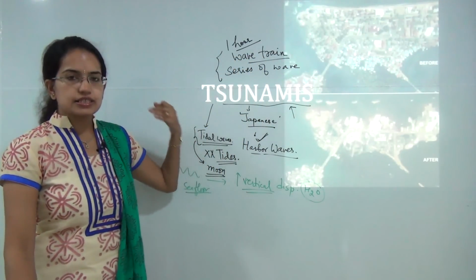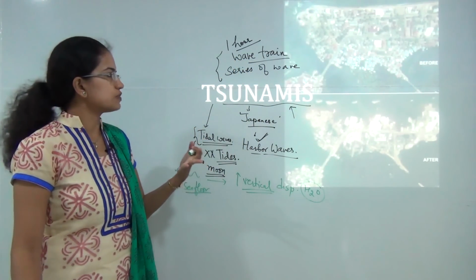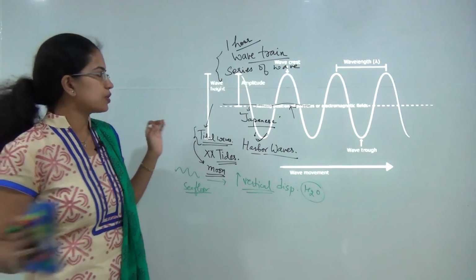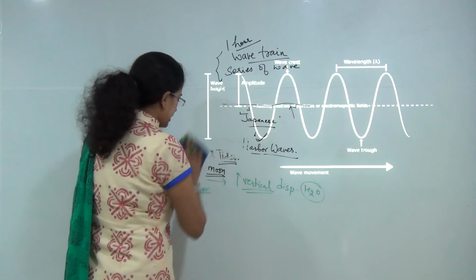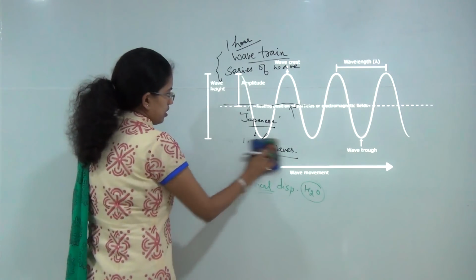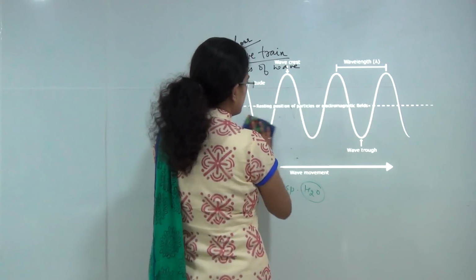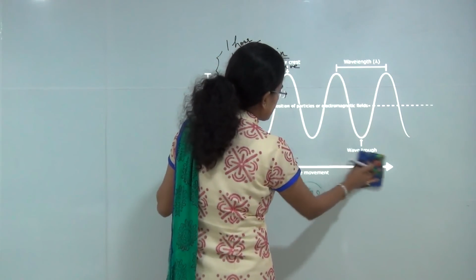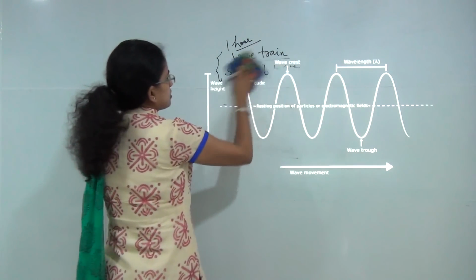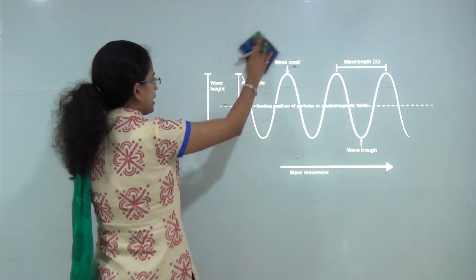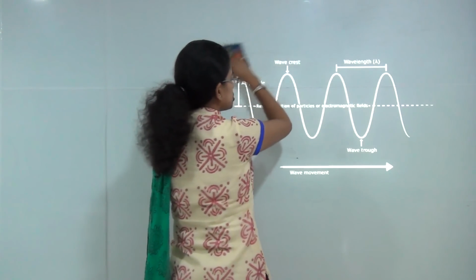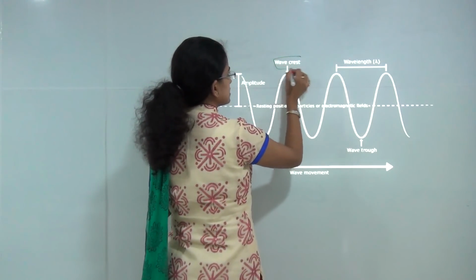Now before we start understanding the characteristics of tsunamis, we will first focus on the basic ideas of a wave. When I talk about a wave, if the wave is at a resting potential, the highest point that a wave can reach is known as the wave crest.